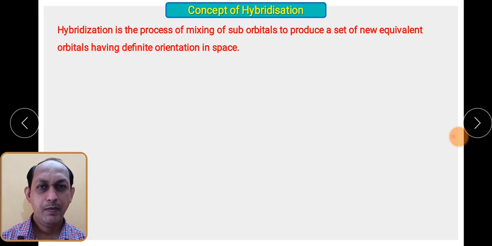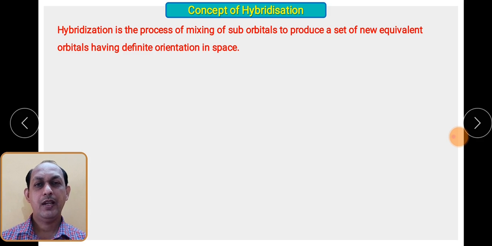We have to remember that hybridization is the mixing of atomic orbitals having equivalent energy, and they form new orbitals which have the same or equivalent energy and a definite orientation in space.